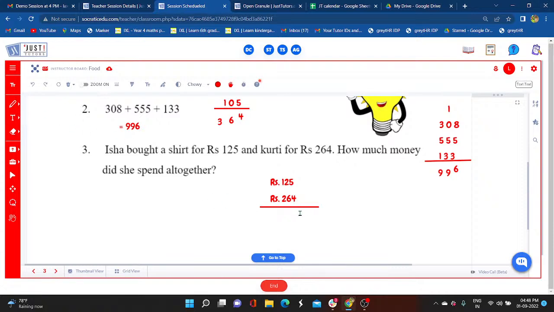So the first thing, 5 add 4, 5 plus 4 is 9, so 9. 6 plus 2 is 8, so 8, and 2 plus 1 is 3. 389 rupees. So altogether we have 389 rupees that Isha spent altogether, right? Yes, okay. So we have tried the revision questions as well.